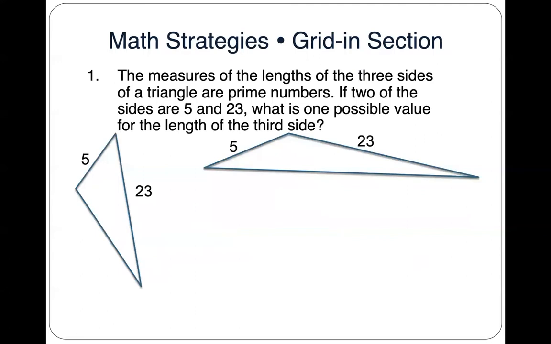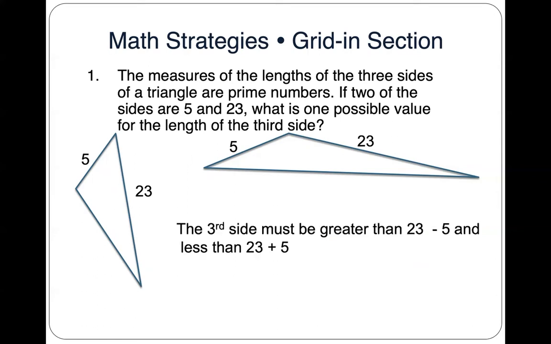So for instance, the measures of the lengths of the three sides of a triangle are prime numbers. If two of the sides are 5 and 23, what is one possible value for the length of the third side? And this, of course, is from your geometry class. The third side must be greater than 23 minus 5 and less than 23 plus 5.